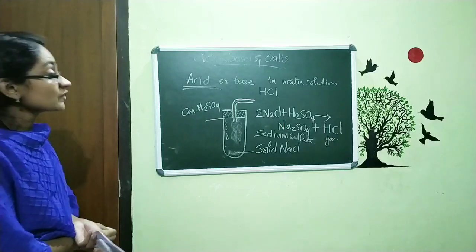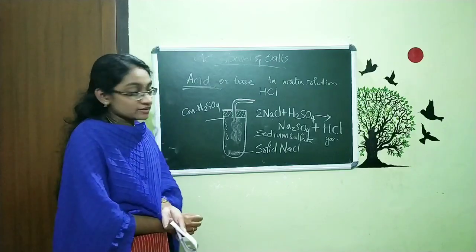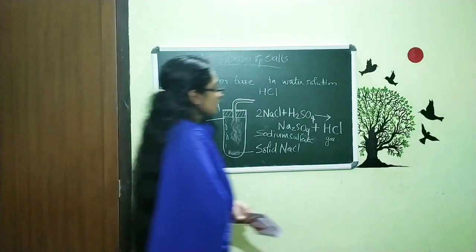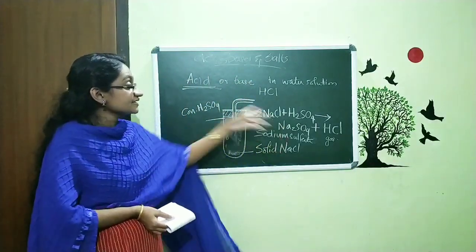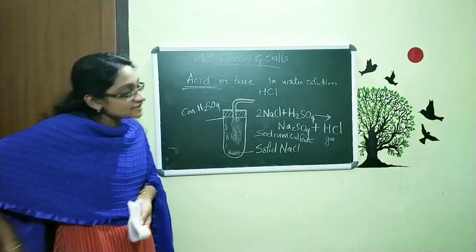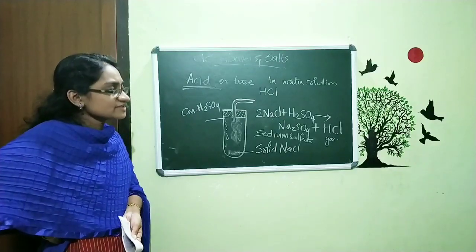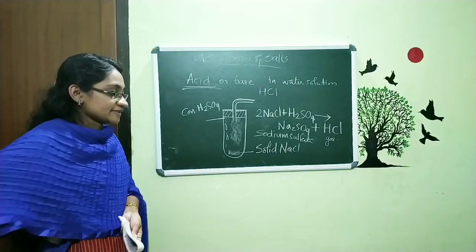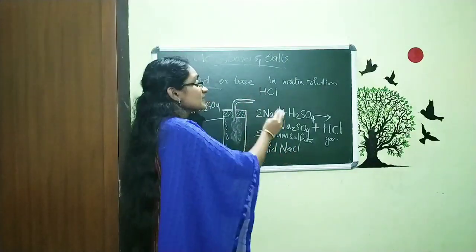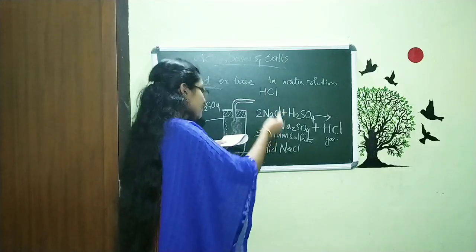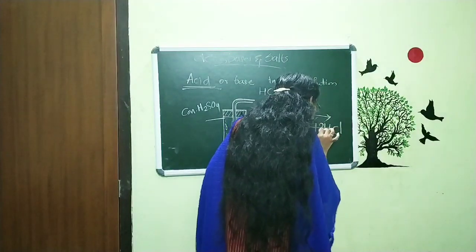So when we write the equation, we identify that this gas is hydrogen chloride, HCl. Now we have to check the gas with litmus paper. That means, is it behaving as an acid in the presence of litmus paper? That we are going to check. Just remember this equation: NaCl plus H2SO4 gives Na2SO4 plus 2HCl.